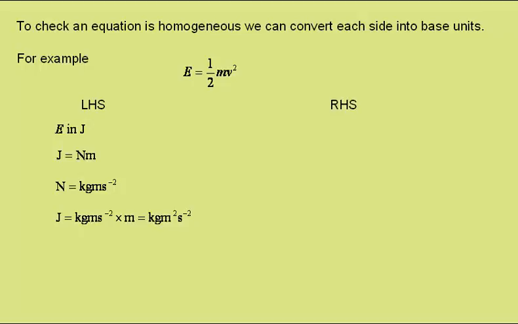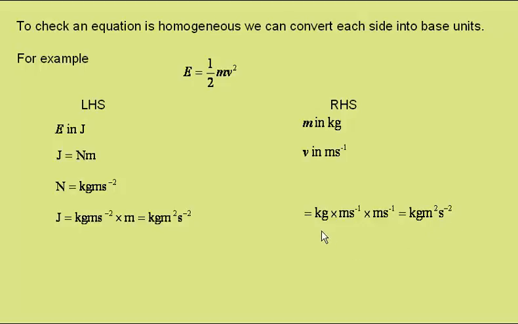Now the right hand side, well, mass is in kilograms, which is a base unit, and speed is in meters seconds to the minus 1. Meters and seconds are both base units. So we can write half mv squared as kilograms for the mass, meters seconds to minus 1 for the speed, meters seconds to minus 1 again as the speed is squared, which comes out at kilogram meters squared seconds to the minus 2.